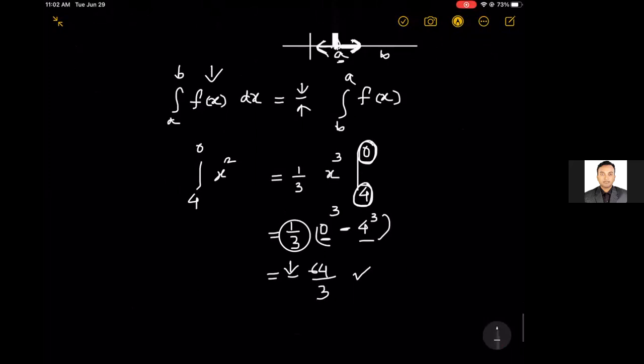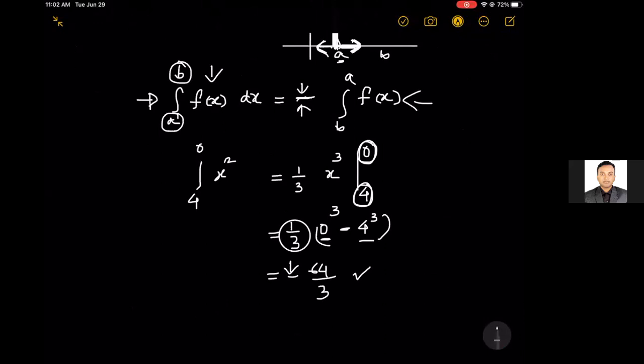So what does it mean? It's really significant. What does it mean? It means if you just change the order, you'll get the same thing, no worries with that, but an alternate sign of that. That means if you had a negative value for this, then this would be the positive.